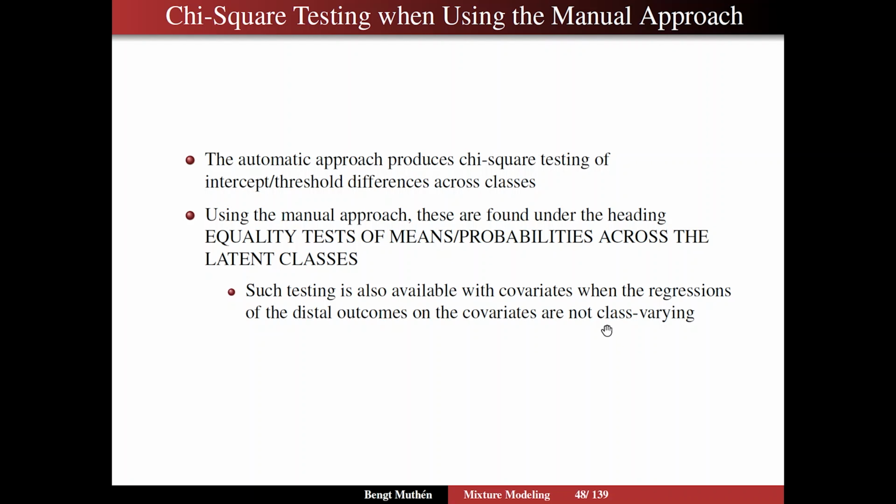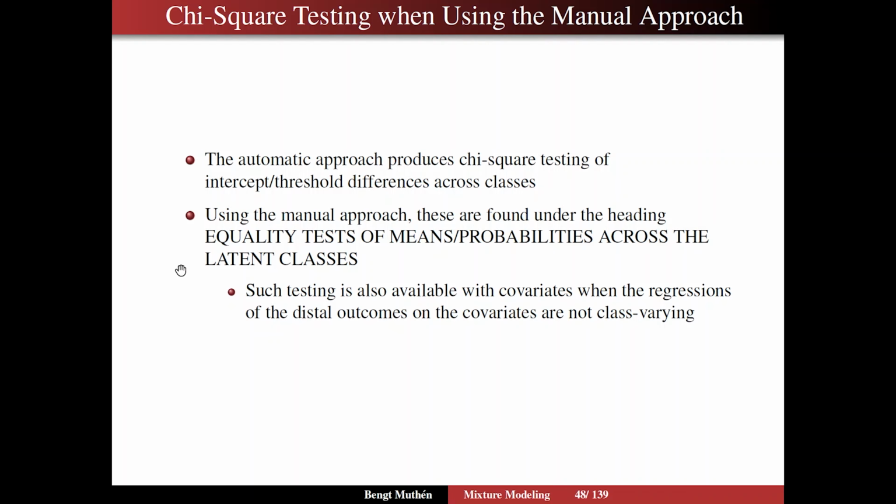Slide 48, I point out that the automatic approach produces chi-square testing of intercept and threshold differences across the classes, testing if the classes actually have a significant influence. Using the manual approach, these are found under the heading equality test of means and probabilities across the latent classes.